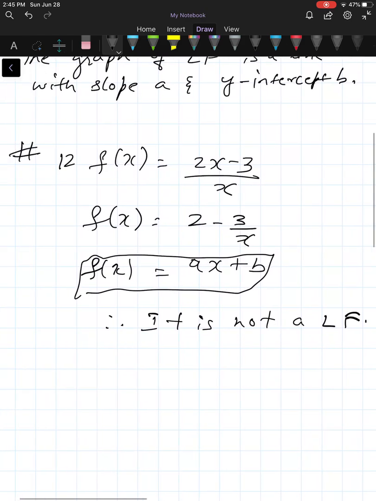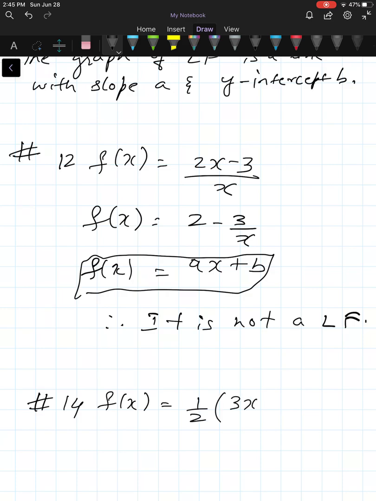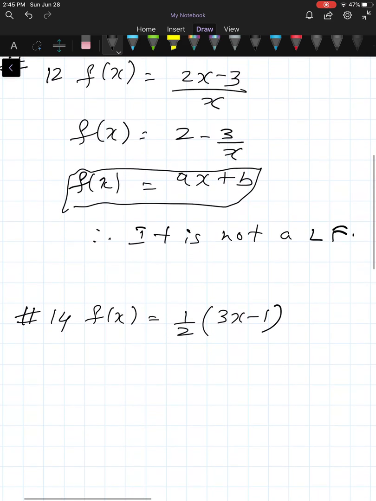Now we will do something positive, where we check whether a function is linear or not and find it to be linear. That is number 14 in your book. f of x is equal to 1 over 2 times 3x minus 1. Distributing 1 over 2 to the terms inside the braces, you get f of x is equal to 3 by 2 times x minus 1 over 2.